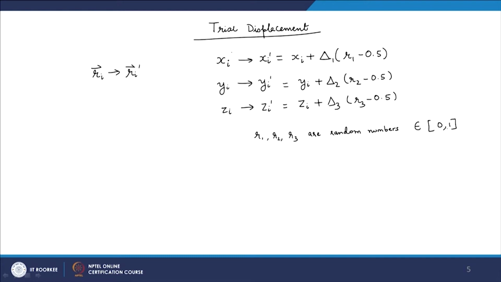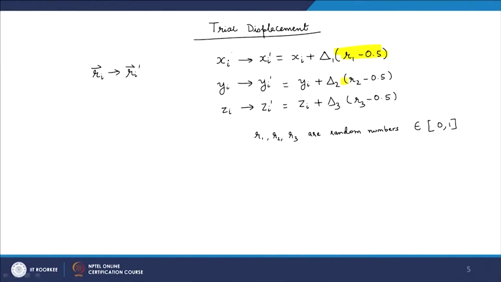So, if I look at R1 minus 0.5, R2 minus 0.5, R3 minus 0.5, all these quantities will vary from minus 0.5 to 0.5.